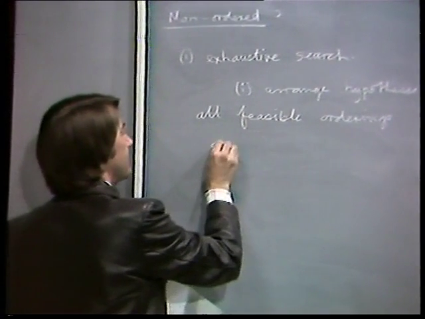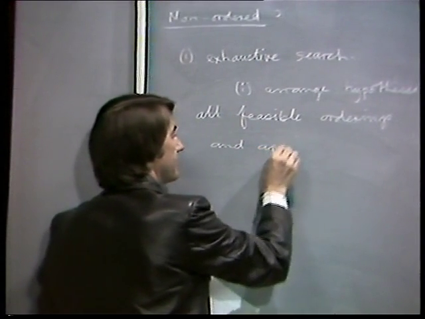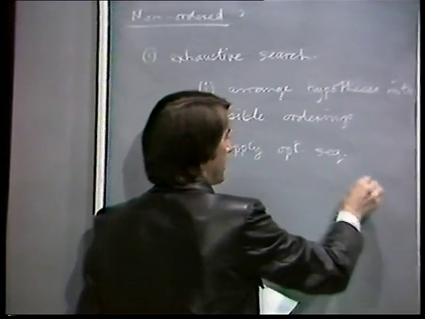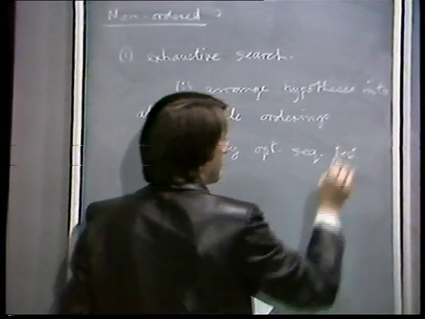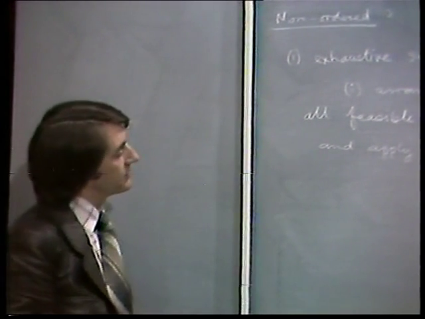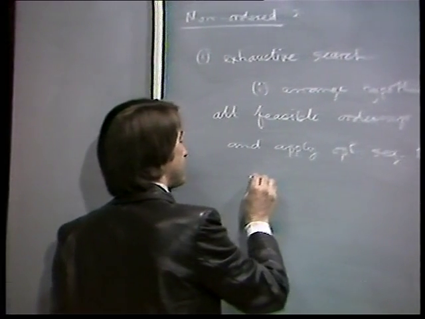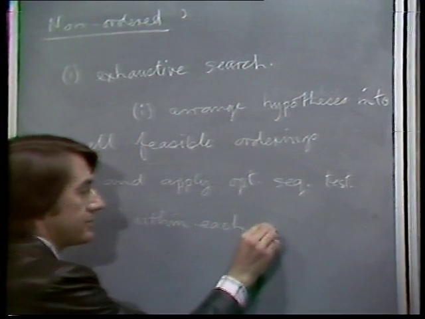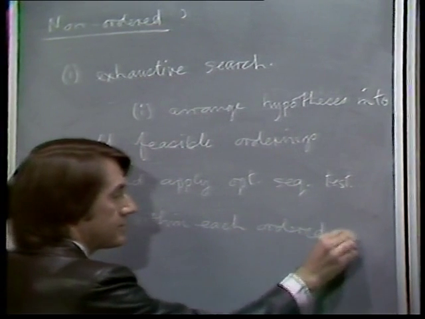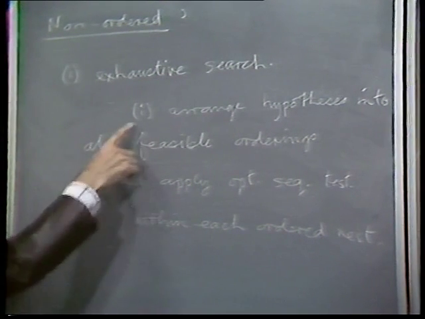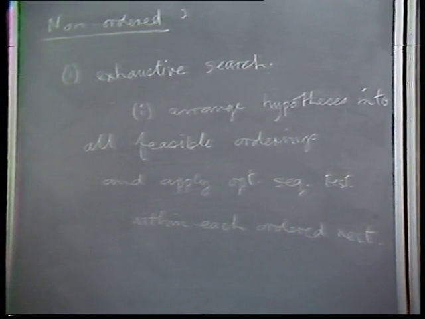And apply optimal sequential tests within each of those ordered nests of hypotheses. So that as a result of this first stage, we'll have as many selected models as we have ordered nests of hypotheses.